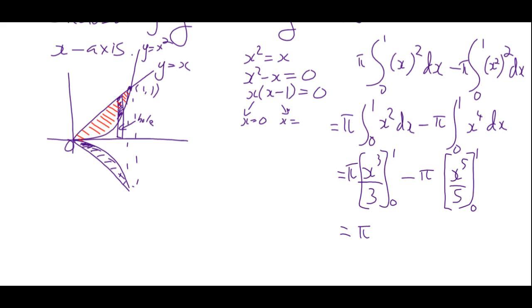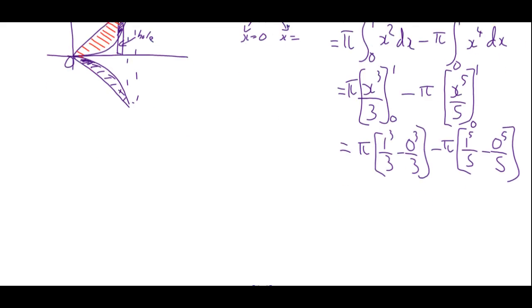It's going to be pi times 1 cubed over 3 minus 0 cubed over 3, minus pi times 1 to the 5th over 5 minus 0 to the 5th over 5. So what do we got? Pi over 3 minus pi over 5. That's just 1/3, that's nothing. That's just 1/5, that's nothing. Which is 5 pi minus 3 pi over 15, or 2 pi over 15.